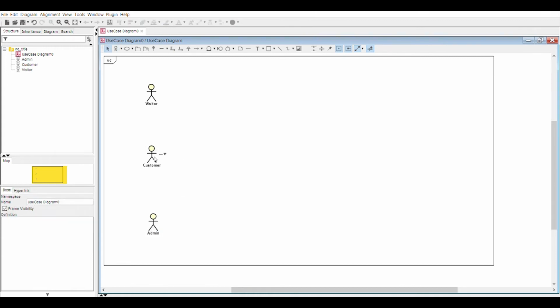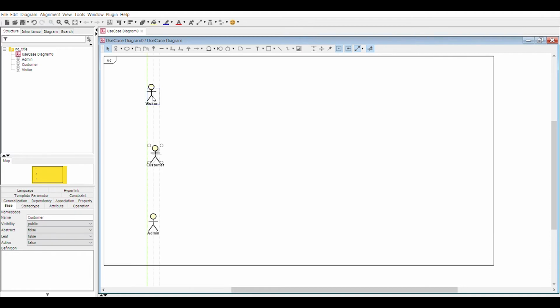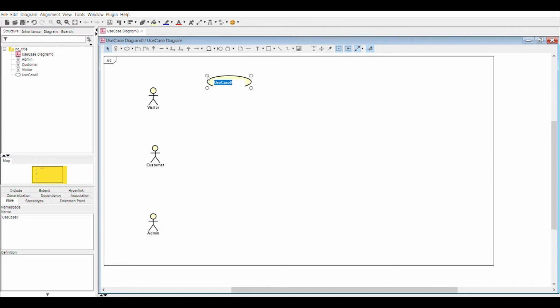Okay, so according to the example, a visitor can consult a catalog, can create accounts, and can manage his bag. So here we can add the use cases. I will add the first use case, which is create account.